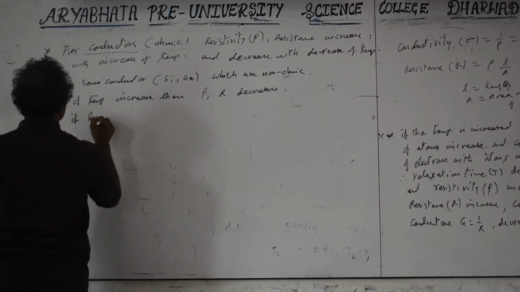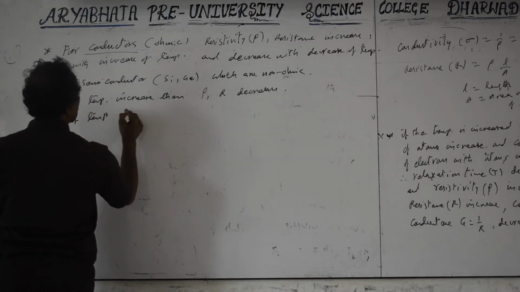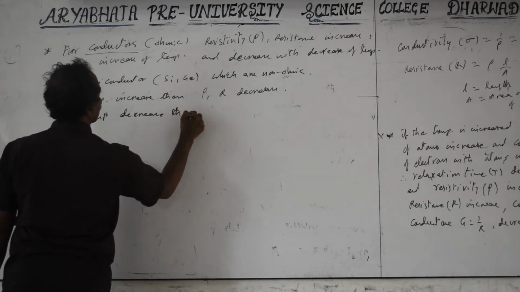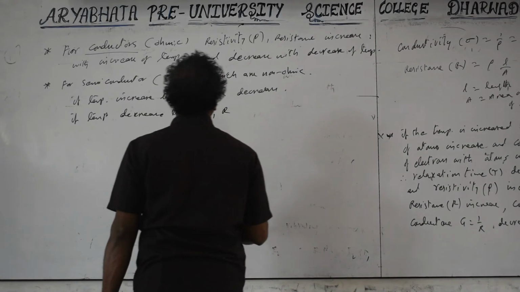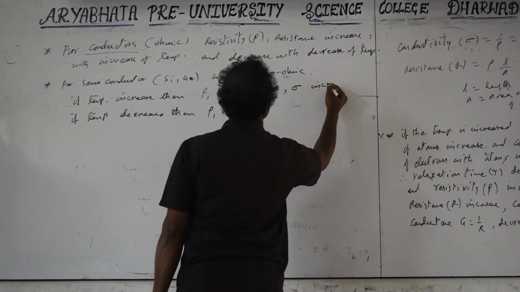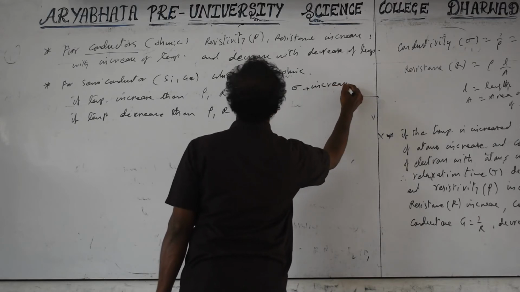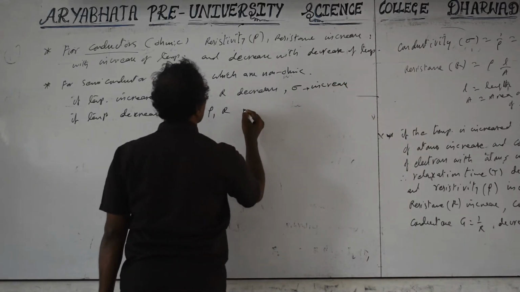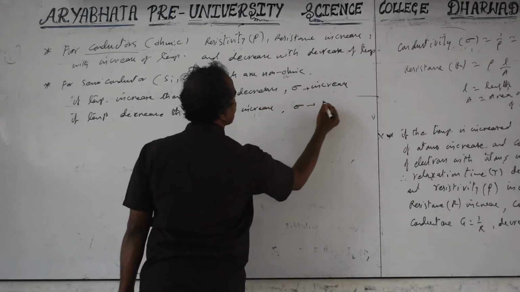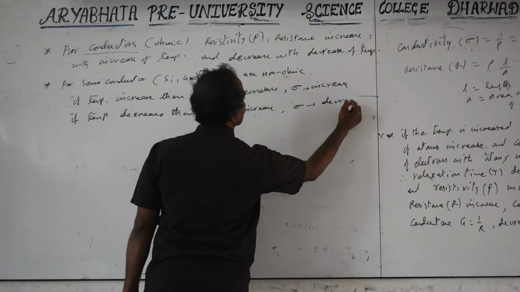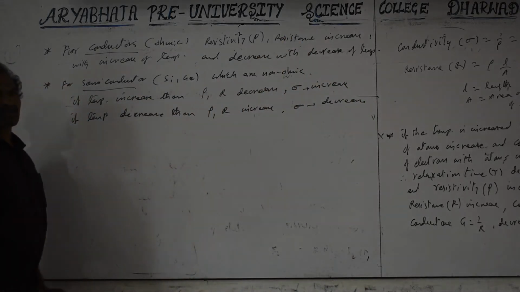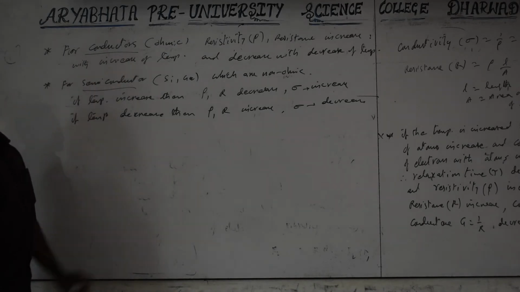If temperature decreases, then rho, R increases. What about conductivity? Sigma, conductivity decreases. Reverse property. Semiconductors and insulators have similar properties, opposite of the conductors.